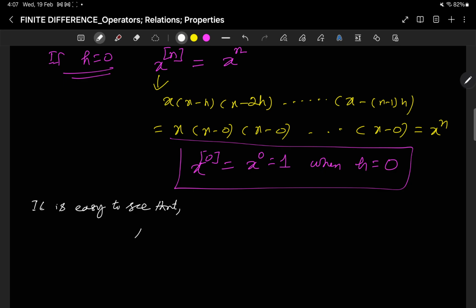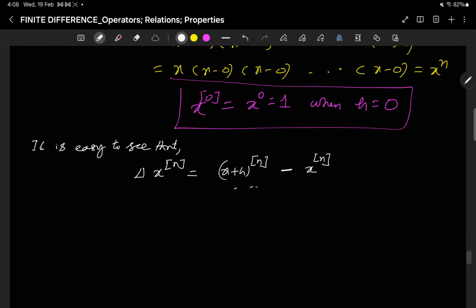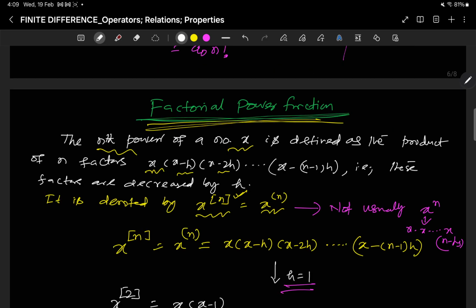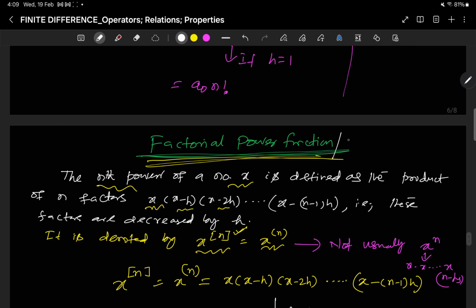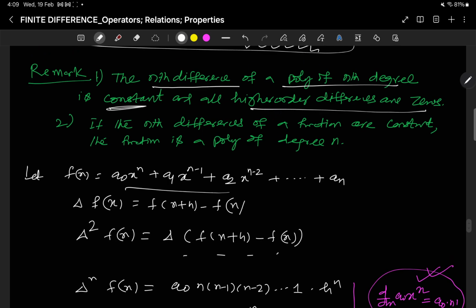So now it is easy to see that if I ask Δ of x factorial power n, this will be (x plus h) factorial power n minus x factorial power n, and in that way if we continue, it will give me n h x factorial power n minus 1. So this factorial power function is otherwise called factorial polynomial, which is the product of n factors. So it will behave like this.